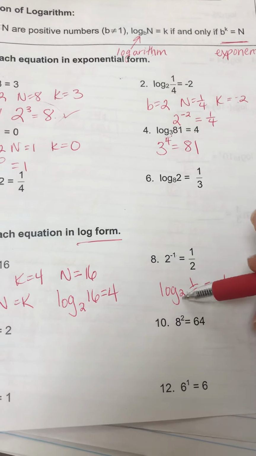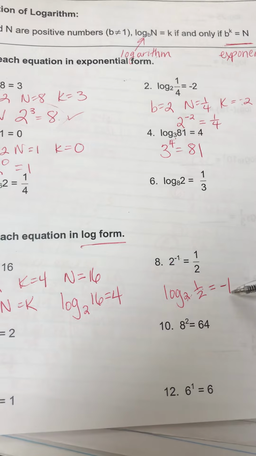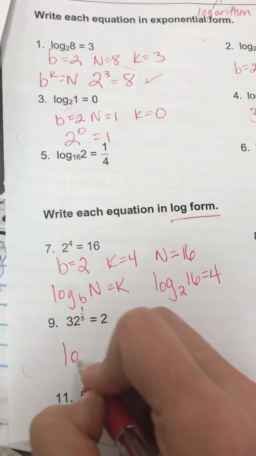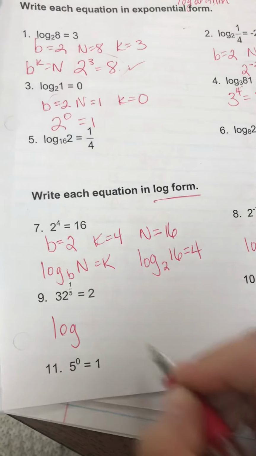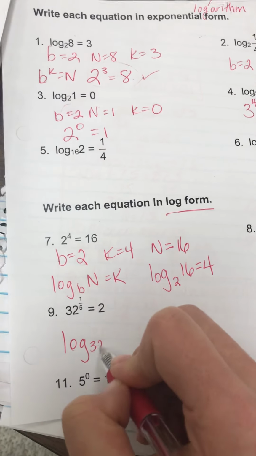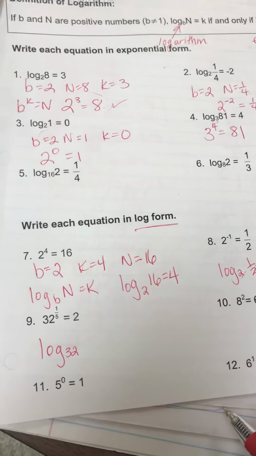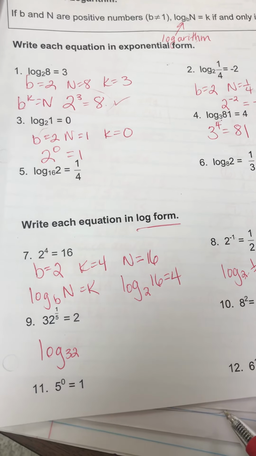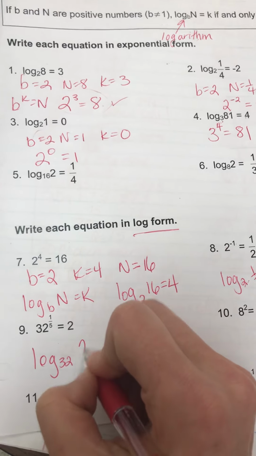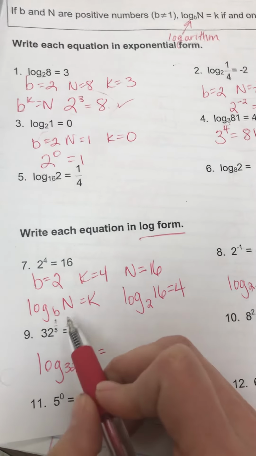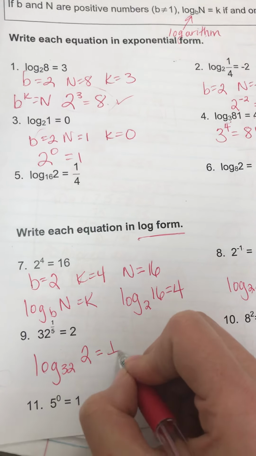We have b, we have n, and we have k. Let's do one more. So log, 32 is your b, then you're going to have n, which is 2, equals, what's your k? 1/5.